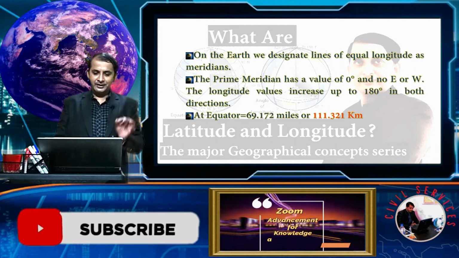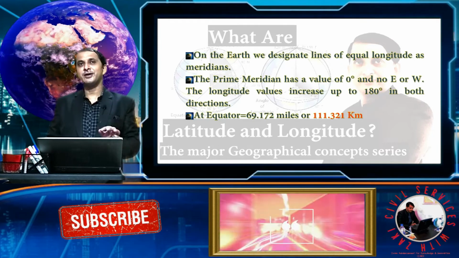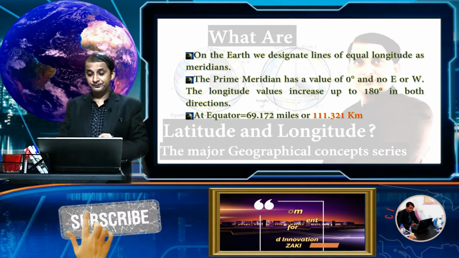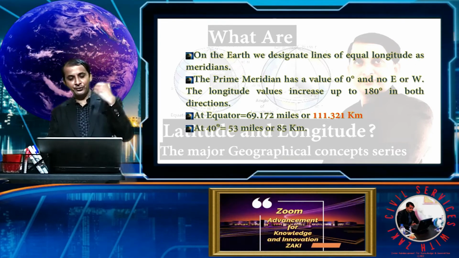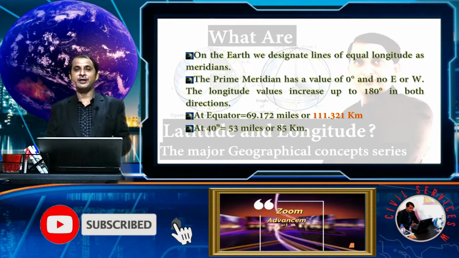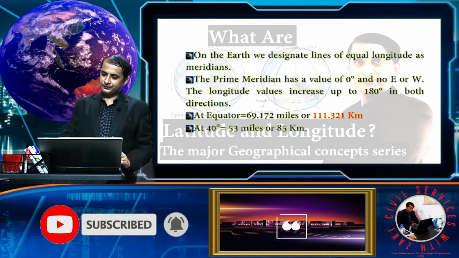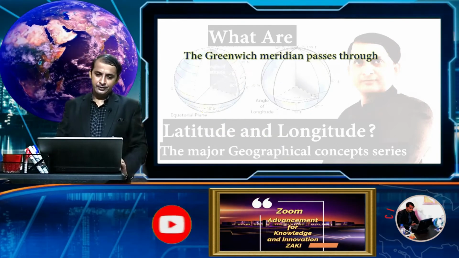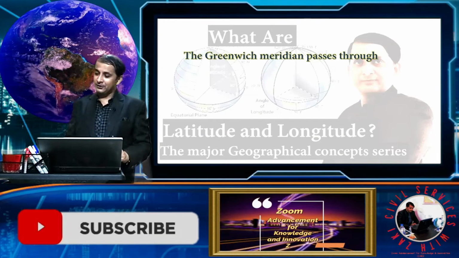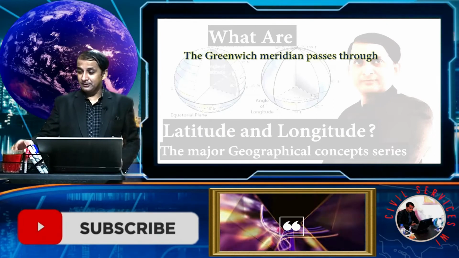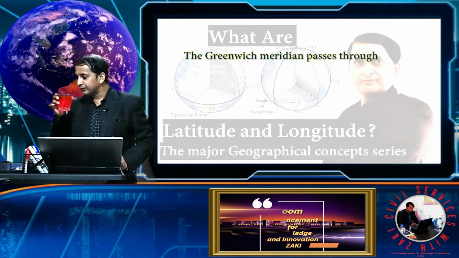So at the equator it is 111 kilometers, and at 40 degrees it's only 85 kilometers. So it decreases.